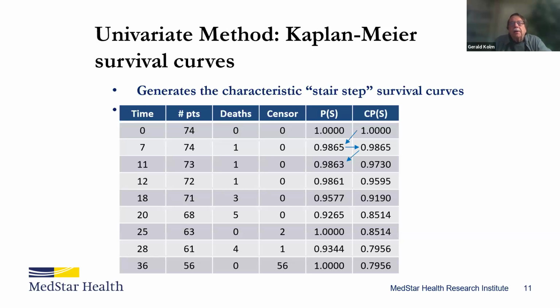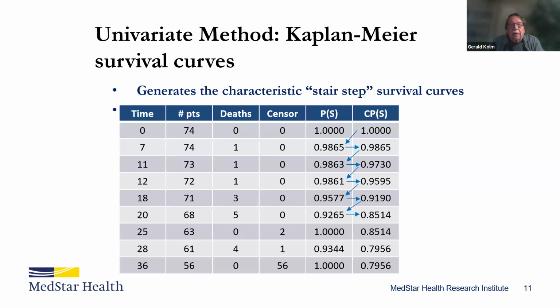And then our cumulative probability of survival is just the previous value, 0.9865, times the current probability of survival, 0.9863. And so we get 0.973 in our cumulative survival curve. This is how it continues on down. In the next interval, we'd have 72 and we have another death, and you keep computing the cumulative probability of survival in the same way.